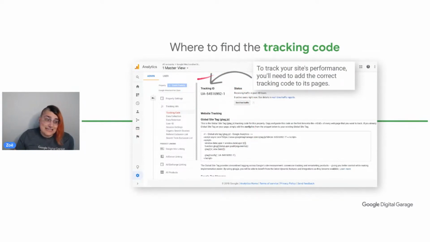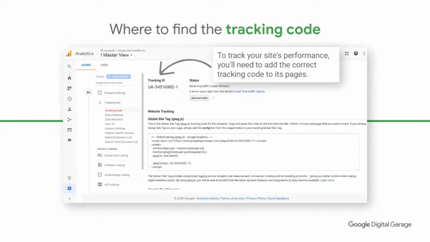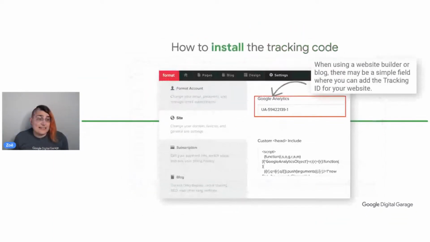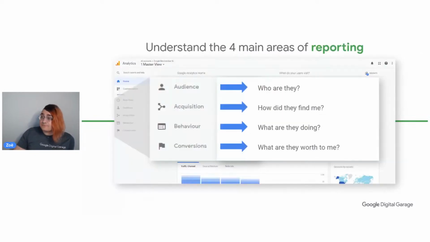All you need to do is find your Google Analytics settings in your website builder, and paste that tracking ID into wherever it says that you should paste it. And then the website builder will do the rest. It will automatically paste that code all of the places in the website where it needs to go. So you will automatically have that set up for you. So it is a lot easier if you've got a website builder.